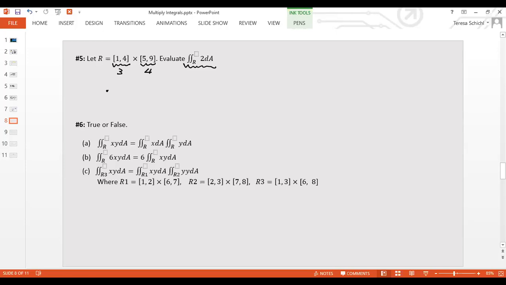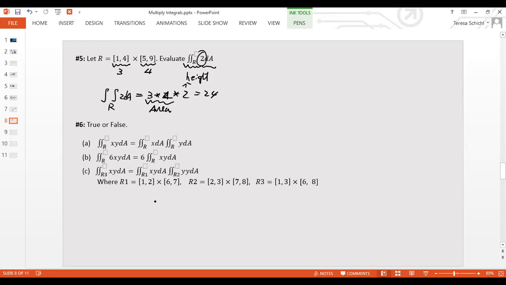So I don't even need to carry out the integration. I know this is 3 times 4 times 2, which is 24. It's the volume of this rectangular box. This is the base area, and this 2 is the height.